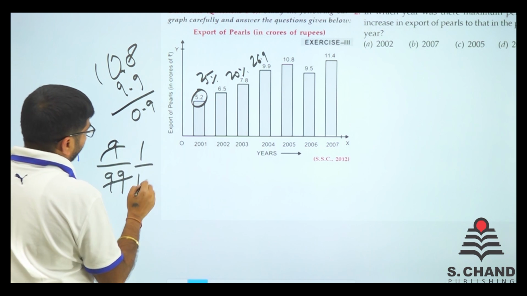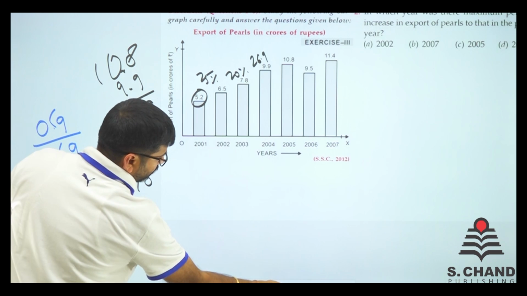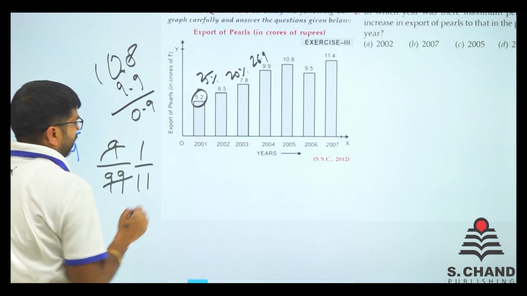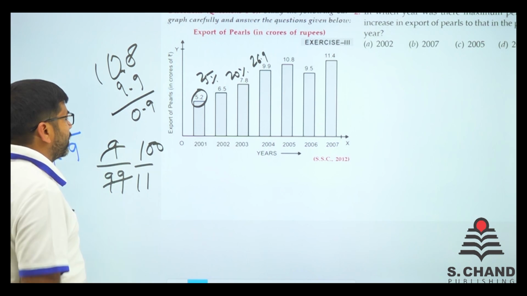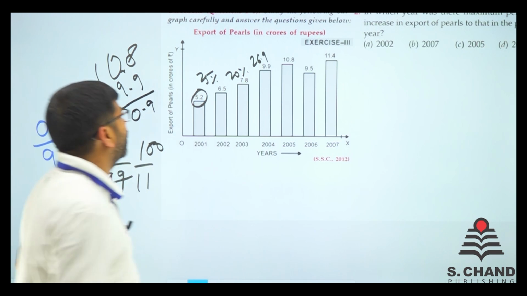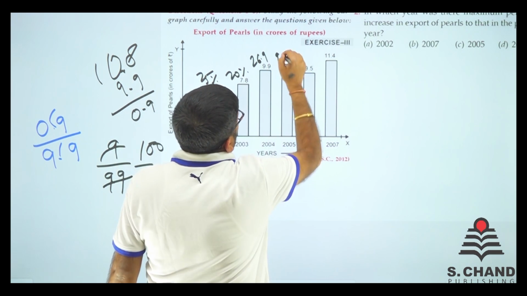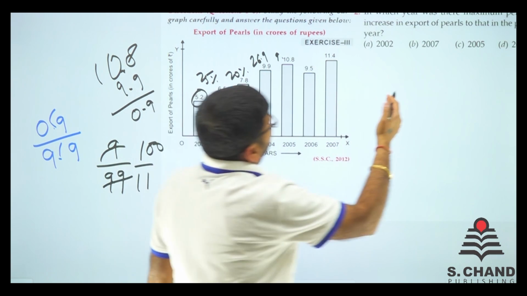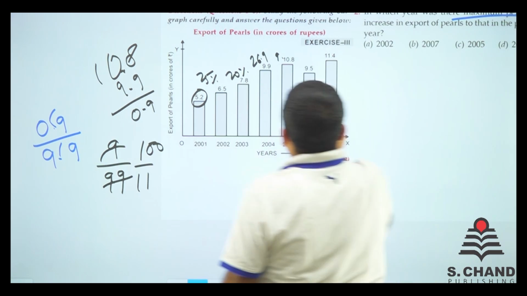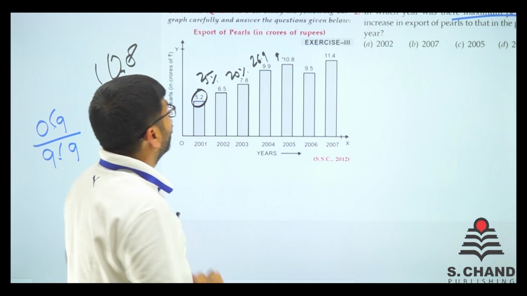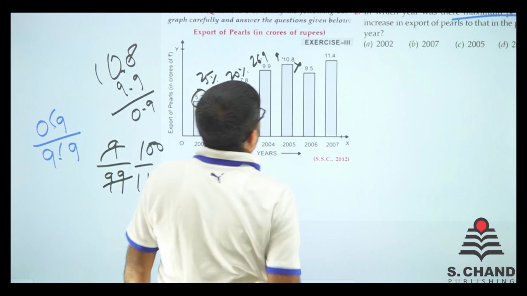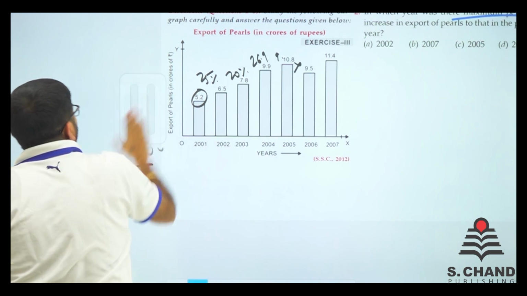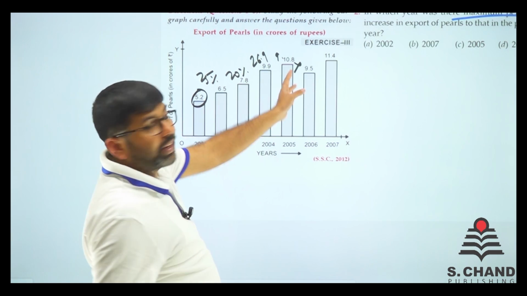That will be 1 by 11. 1 by 11 is like 100 by 11. So 100 by 11 is like almost 9 point something. So not much, 9 point something. We want the maximum. So for sure it will not be maximum. Now this is the decrease. So need not calculate. We need the maximum increase. So we will not calculate this.